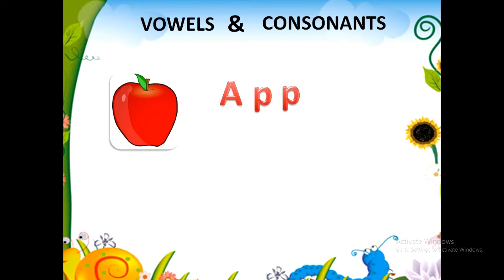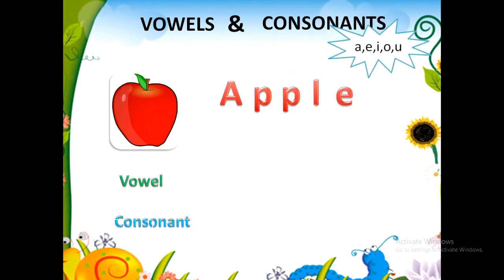Apple. A-P-P-L-E. Apple. Here, first letter is A. Kids, now you tell me, A is a vowel or consonant? Yes, very good. A is a vowel. Next letter is P. Yes, P is a consonant.